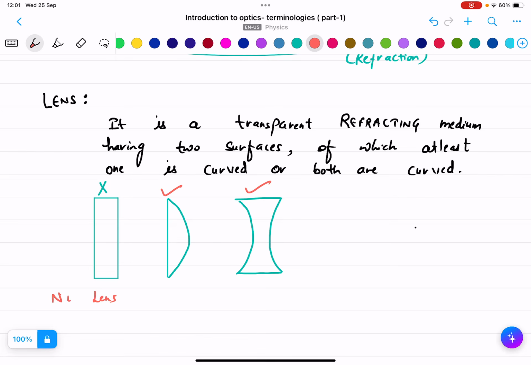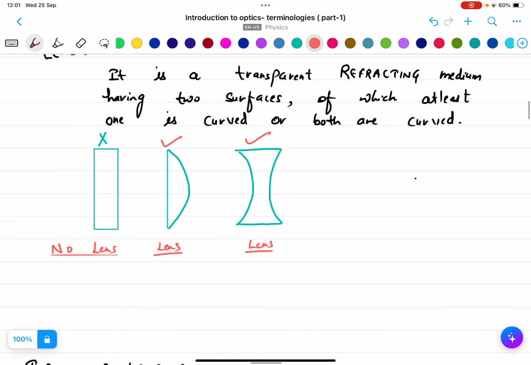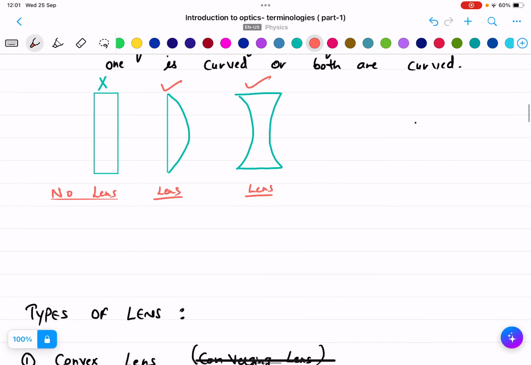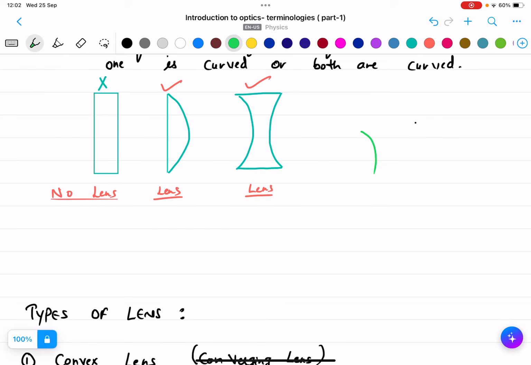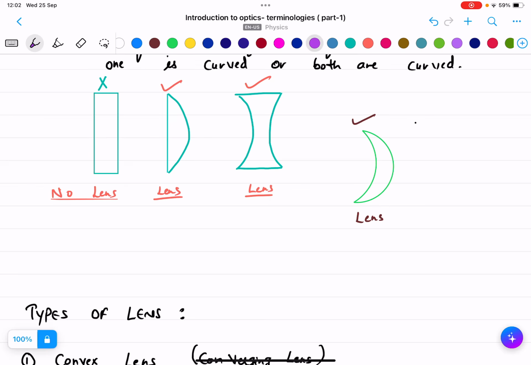It is a lens, right? Now let us take another example. Tell me, is it a lens or not? Yes, this is a lens. Why? Because both of the surfaces are curved. Now another example.